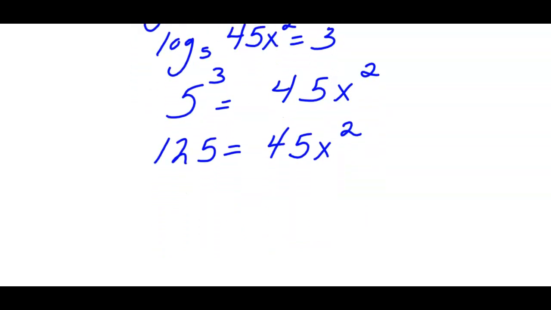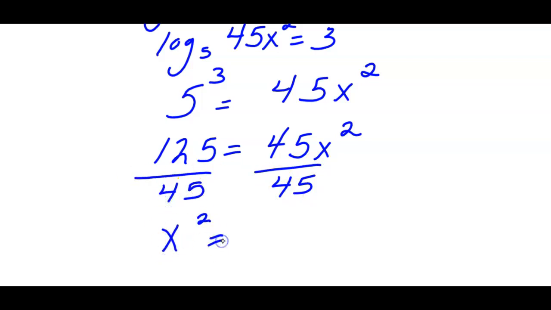Divide both sides by 45. If we simplify that, that's going to give me 25 over 9.